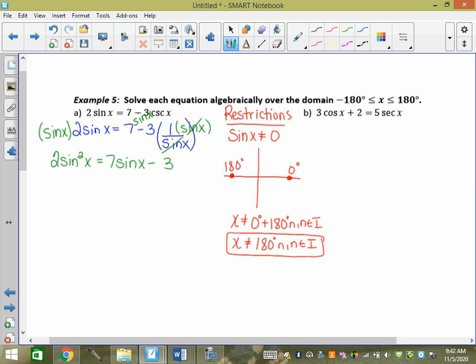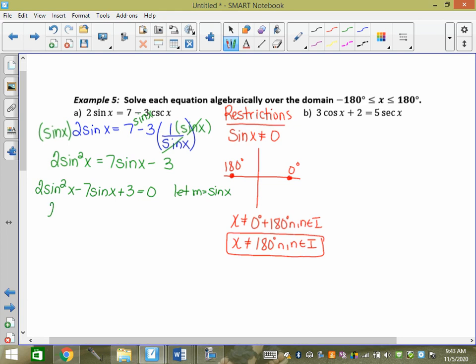And now I have just a nice little decomposition going on, right? I have a squared, so I move everything to one side. So I get 2 sin squared x - 7 sin x + 3 = 0. Let m equal sin x.